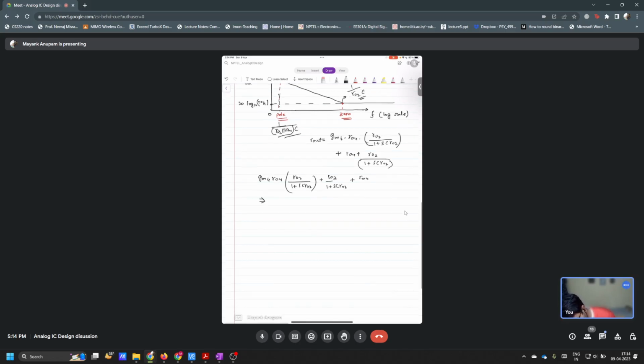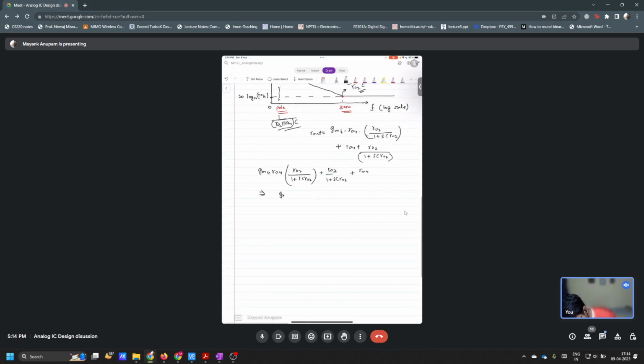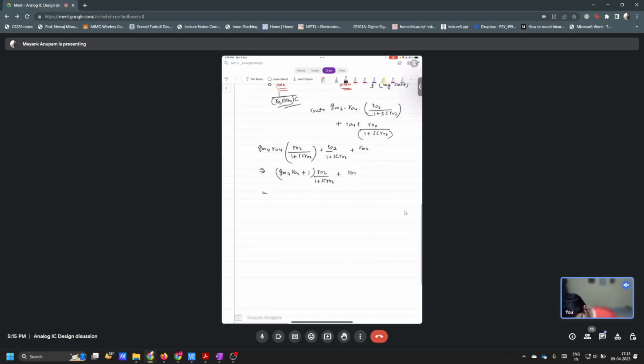So it will be GM4 RO4 plus 1 into RO2 divided by 1 plus SCRO2 plus RO4, and then this 2 will go, so GM4 RO4 plus 1 RO2 plus RO4 plus SCRO2 RO4 over 1 plus SCRO2.